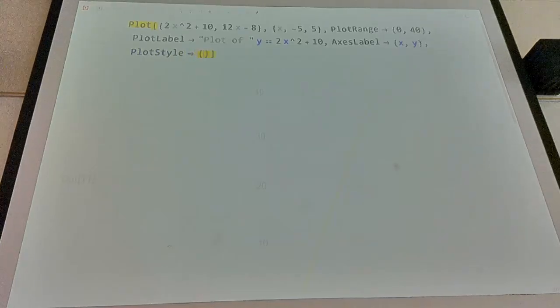So I can change the plot style as well. I can tell it to do the exact same thing to both curves, or to do separate things to each curve.